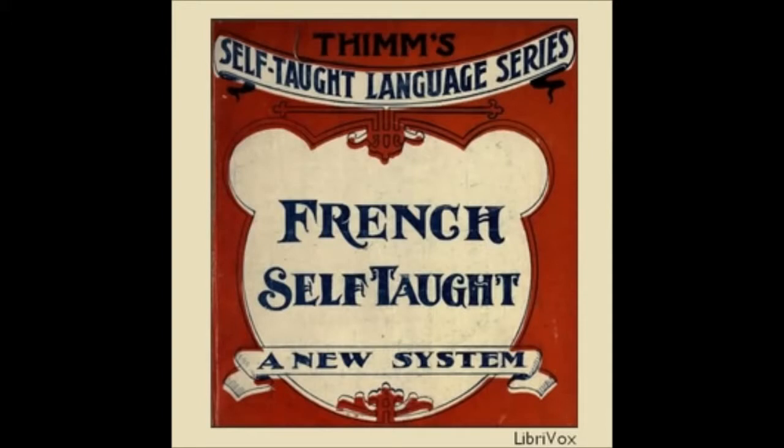The verbs ending in oir are all irregular, and the French language therefore has in reality only three regular conjugations. The first conjugation ends in er, the second in ir, the third in oir, the fourth in re.